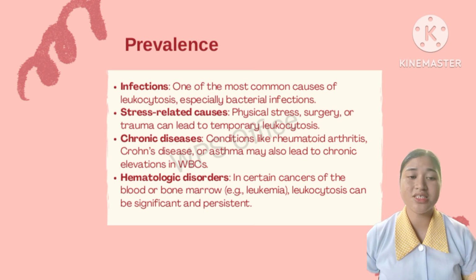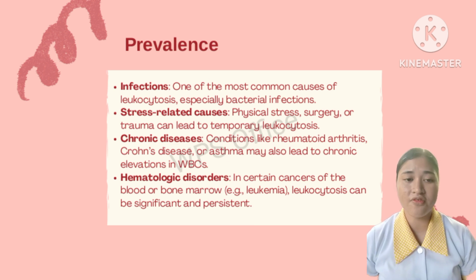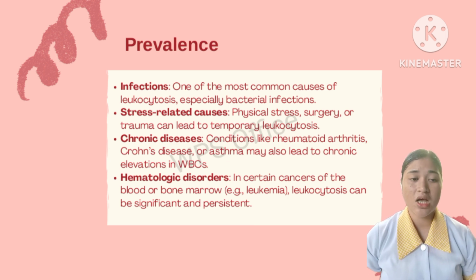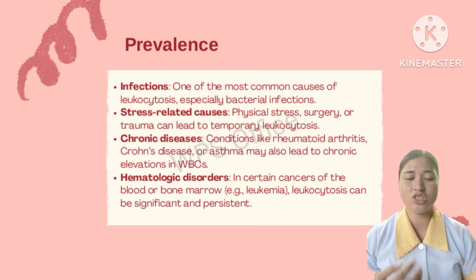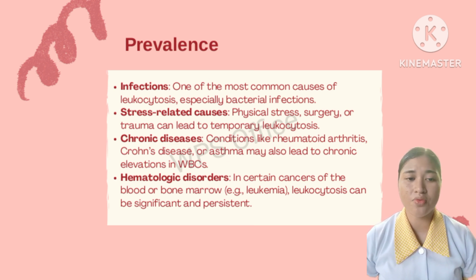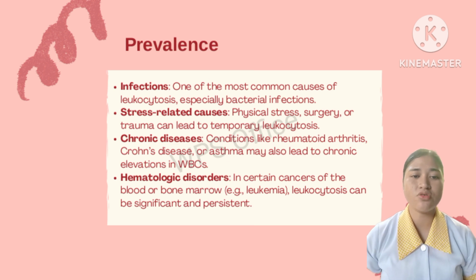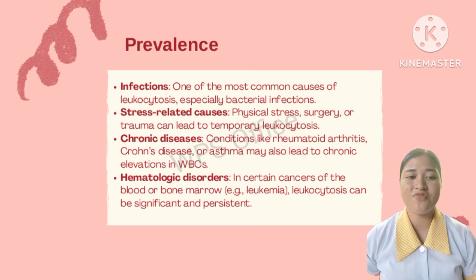And then the chronic diseases, it is conditions like rheumatoid arthritis, Crohn's disease, or asthma may also lead to chronic elevations in WBCs. And lastly is the hematologic disorders. In certain cancers of the blood or bone marrow, for example leukemia, leukocytosis can be significant and persistent.